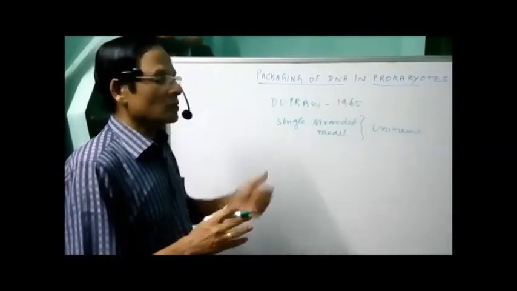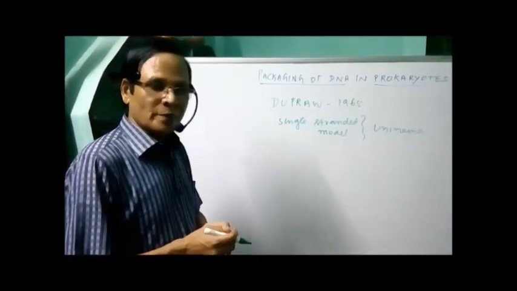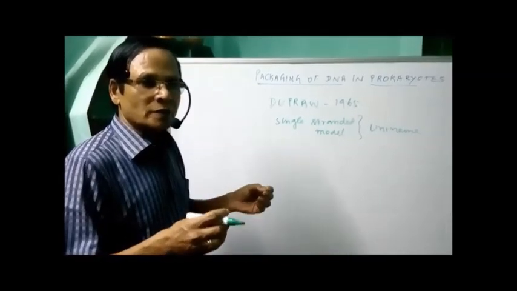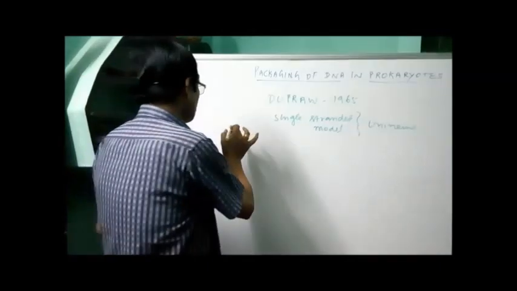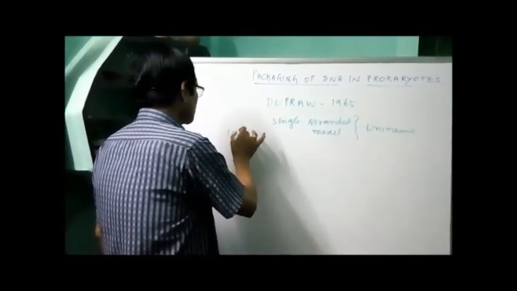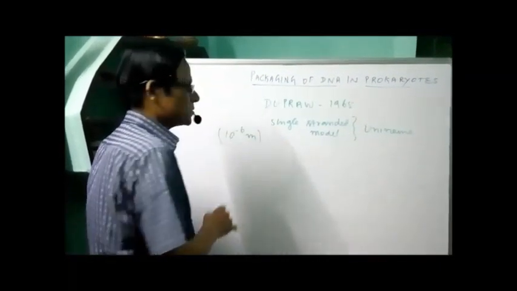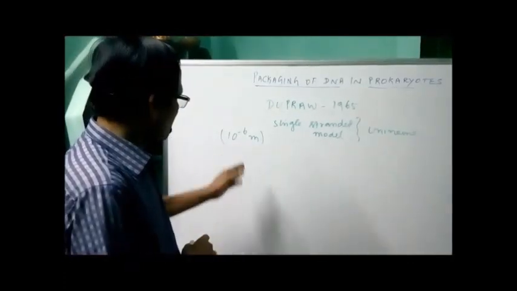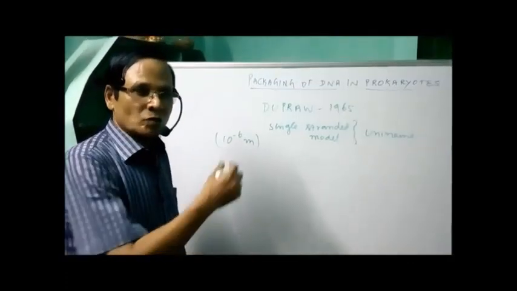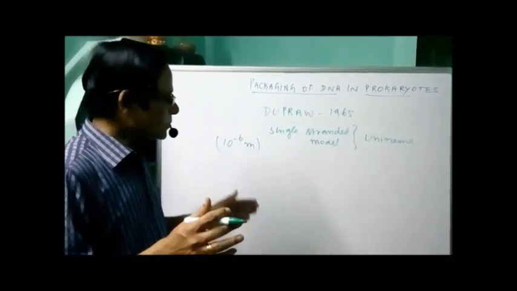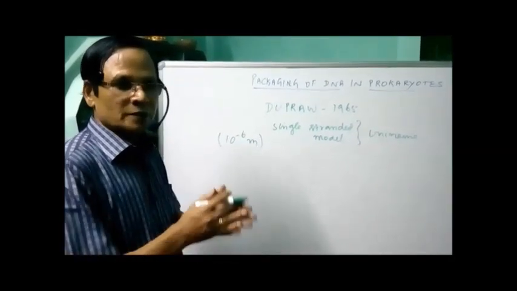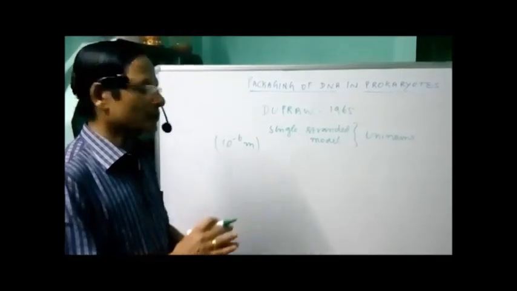In the mammalian cell, a long chain of nucleic acid is far greater than the dimension of the nucleus. A nucleus has a dimension of 10 power minus 6 meter, while the DNA has a length of about 0.2 meters. So it must be packed into the cell and further folded.